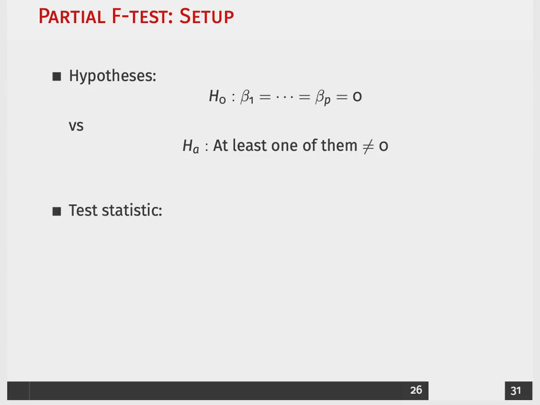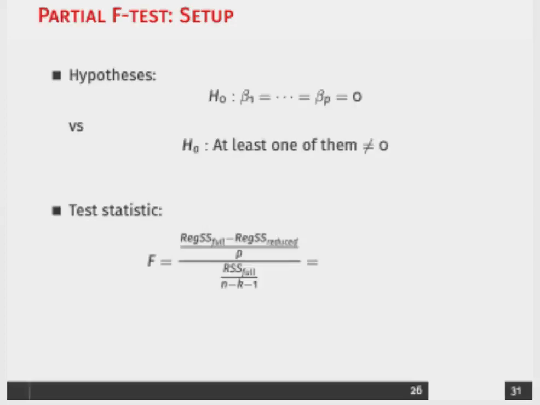So our test statistic will be the regression sum of squares from the full model minus the regression sum of squares of the reduced model, over the number of covariates in the subset that we think are useful, over the residual sum of squares from the full model over n minus the number of covariates in the full model, including the ones that we may or may not be interested in, minus k.